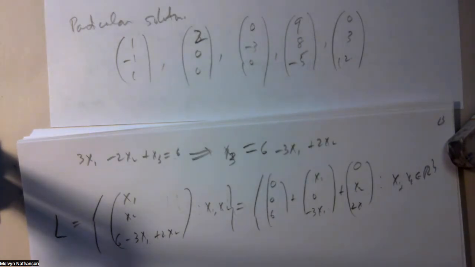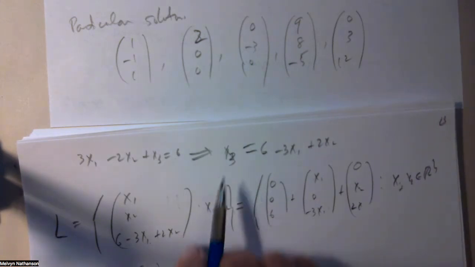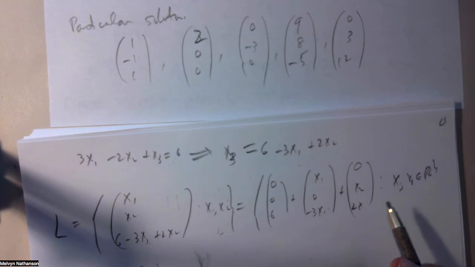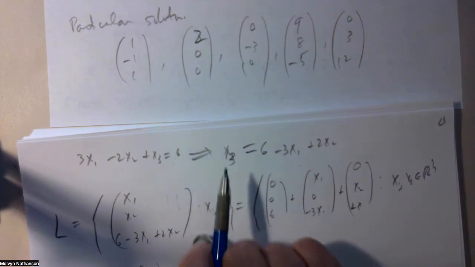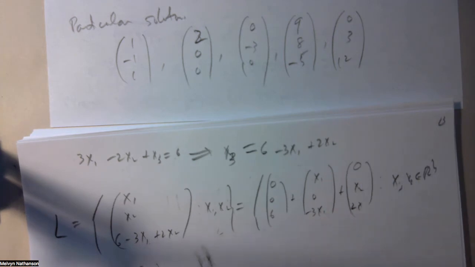So I can write this as all vectors of the form 0, 0, 6 plus, factoring out the x1, this vector is x1 times 1, 0, minus 3.